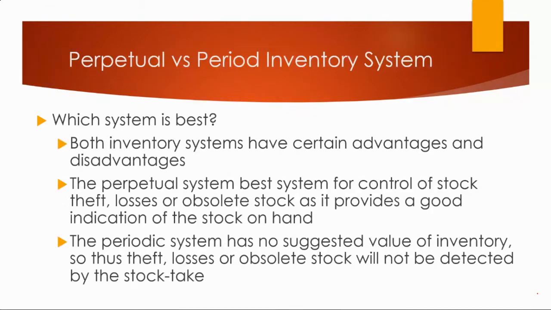No. So obsolete stock is when your stock is actually still new, but you can no longer sell it in the market because no one actually wants to buy it because it's not what the latest trends or fashion is.